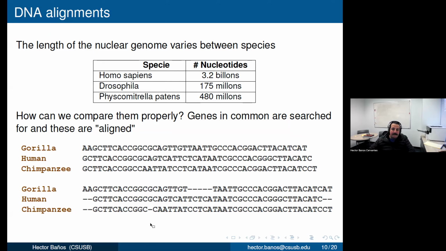And you want to find the best one, where things are more alike. For that, there's a lot of computer science, biology and mathematics involved, and alignment algorithms are evolving. As time passes, they're getting better and better.